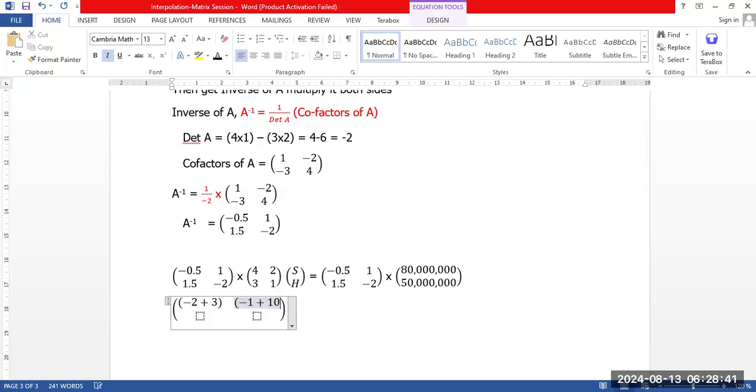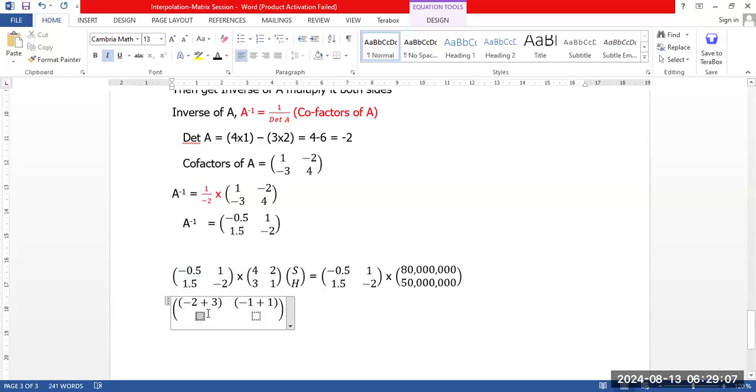You are done with this first row. We go to the next row. Remember, the next row, you will do the same, row times column. You multiply the row by all columns. So it is 1.5 times 4.